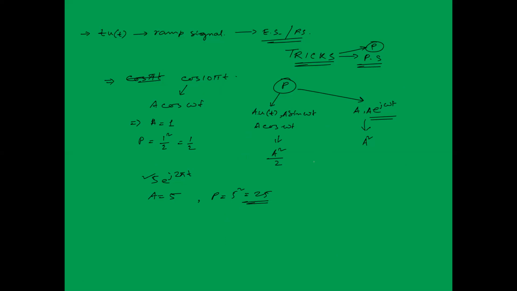In this case, A u(n), A sin omega n, A cos omega n have the power A square by 2, whereas a constant term, A e to the power j omega n, has the power A square. This is the trick. So this is all about energy signals and power signals.